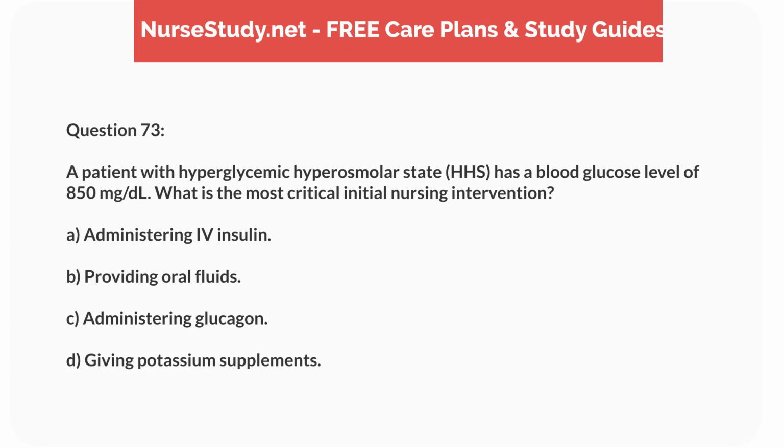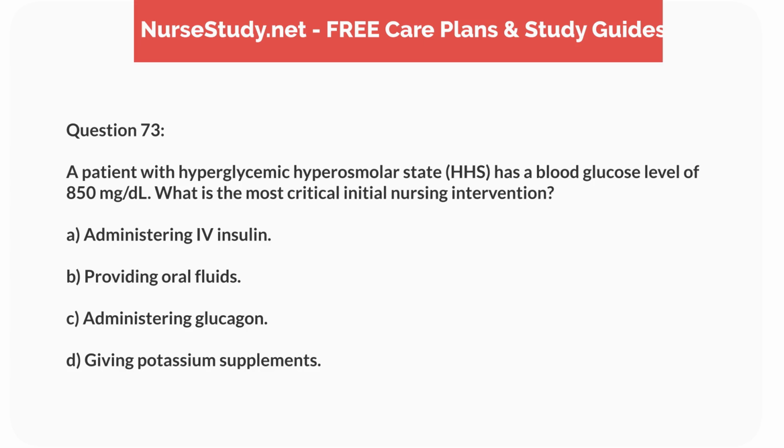Question 73. A patient with hyperglycemic hyperosmolar state, HHS, has a blood glucose level of 850 mg per deciliter. What is the most critical initial nursing intervention? A. Administering IV insulin. B. Providing oral fluids. C. Administering glucagon.